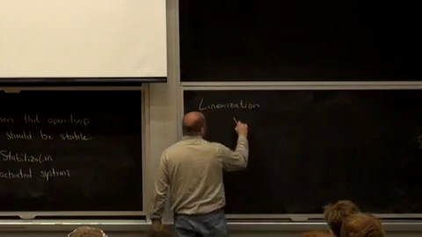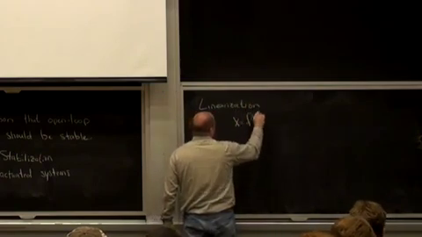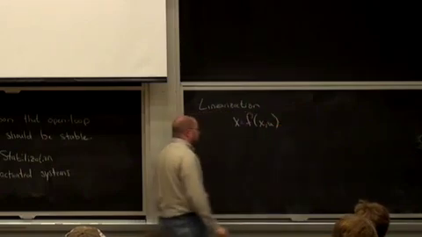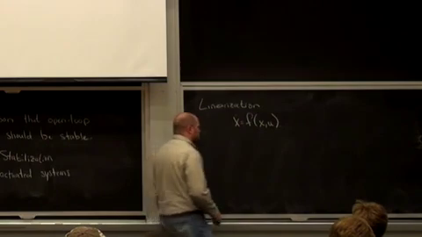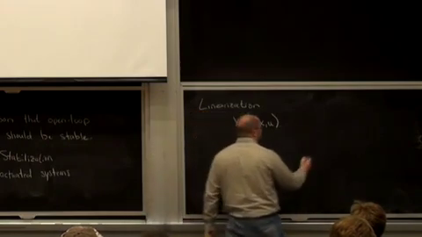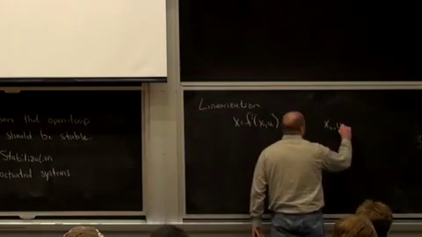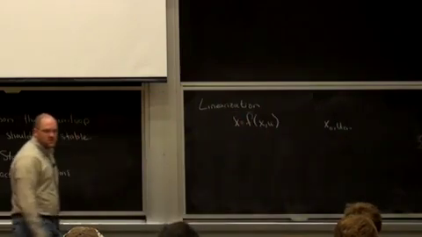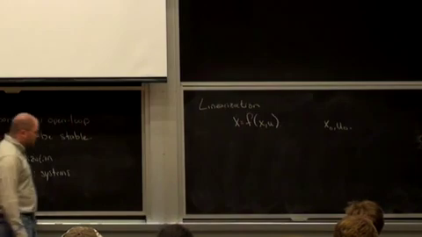So let's say I've got the system x dot is f of x, u. And now I want to linearize around some x0, u0, but not necessarily a carefully chosen x0, u0, just something random in state space.